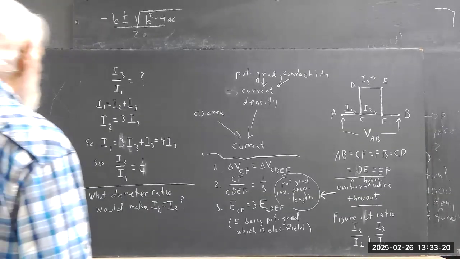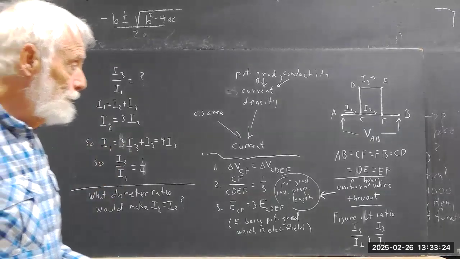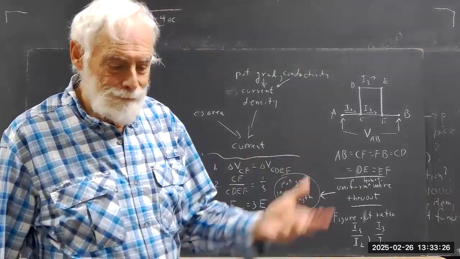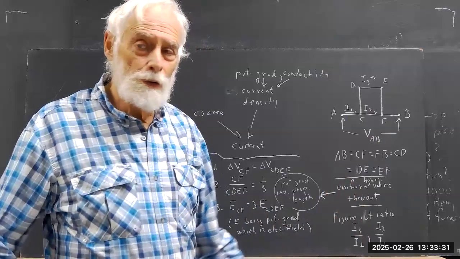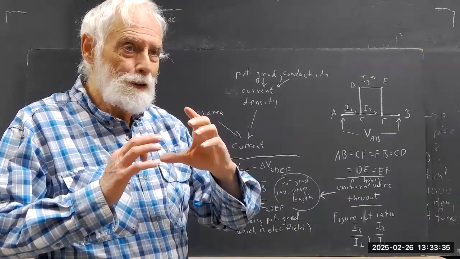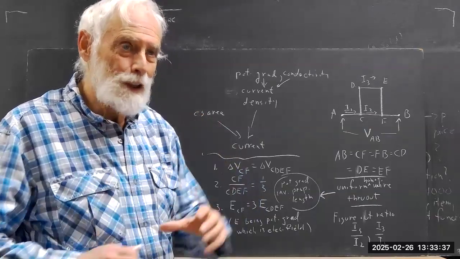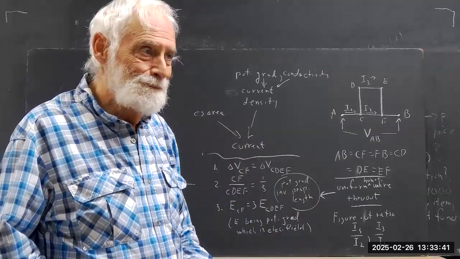Okay, so you said 3 times diameter ratio, because right now it's carrying 1/3 as much current. If you triple the diameter ratio, that'll give you 3 times the current. No, triple the diameter ratio, you get 9 times.